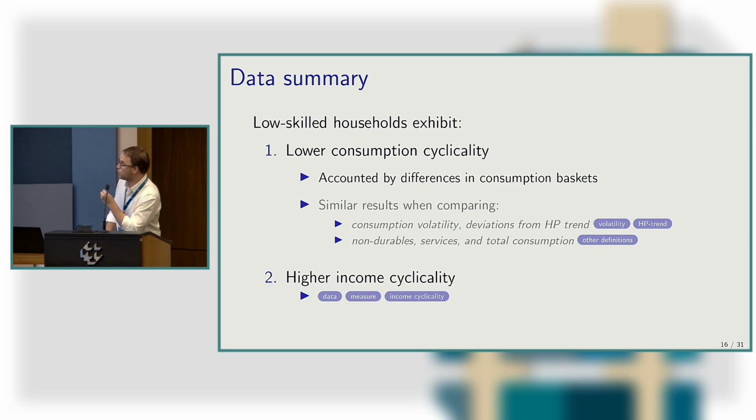Low-skilled workers exhibit lower consumption cyclicality, which is accounted for by differences in their consumption baskets. And I find similar results using different measures of consumption and different ways of estimating this cyclicality or volatility of consumption. And also, as I mentioned, they have higher income cyclicality.